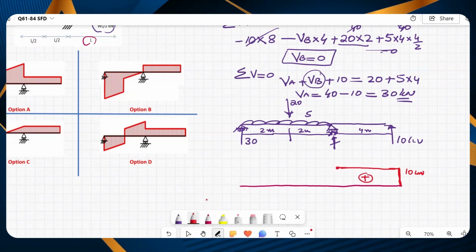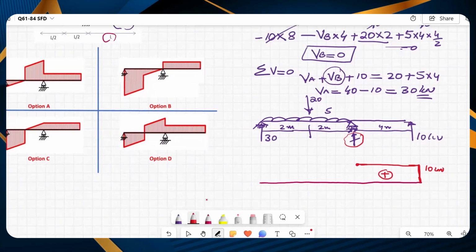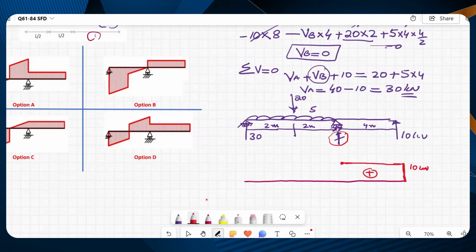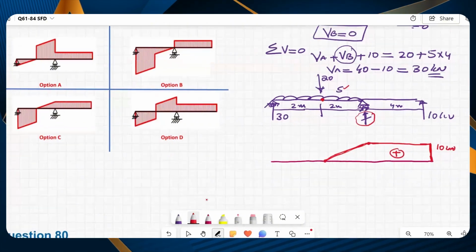At this point, although I have a support over here, the support reaction is 0. When the support reaction is 0, I will simply subtract whatever loading I have up to this point. So up to this point I have 10. 5 times 2, and immediately at this end I have 20.